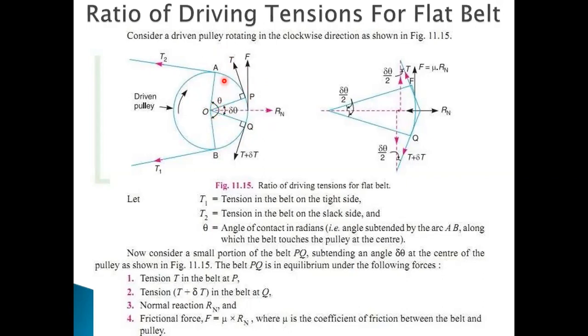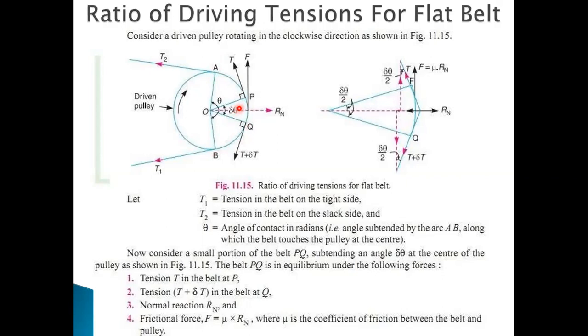Suppose this is a circular part, arc APQB, right? This is the wrap angle, or the contact of the belt with the pulley, arc AB, right? If you make a smaller part of a circle, then it will be a straight line.